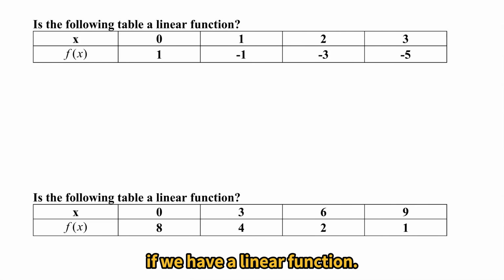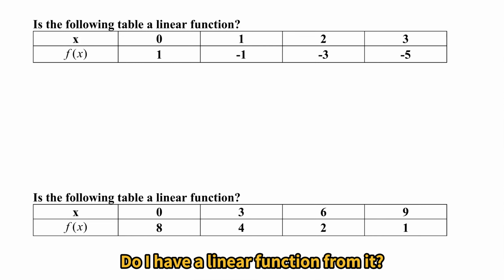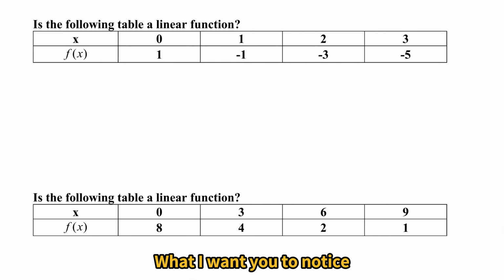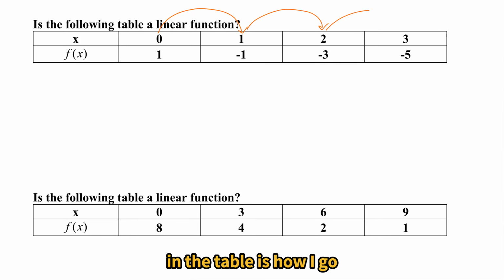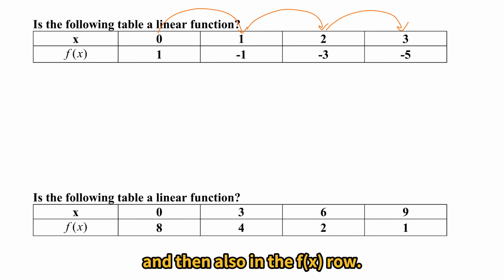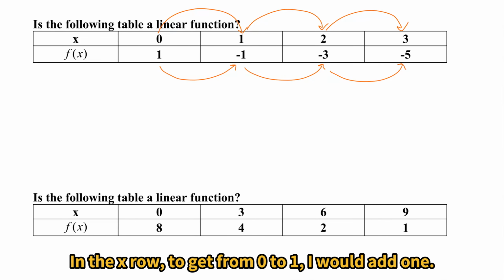Let's see if we can determine if we have a linear function. Here's a table. Do I have a linear function from it? Well, let's break down our table for a second. What I want you to notice in the table is how I go from one number to the next in the x row, and then also in the f of x row. In the x row, to get from 0 to 1, I would add 1.